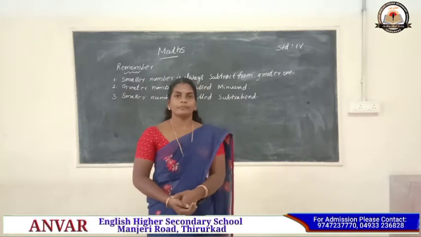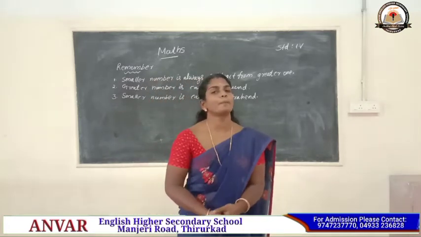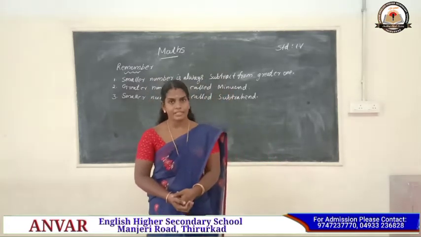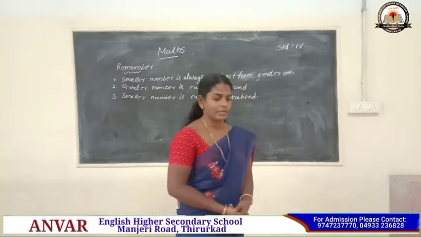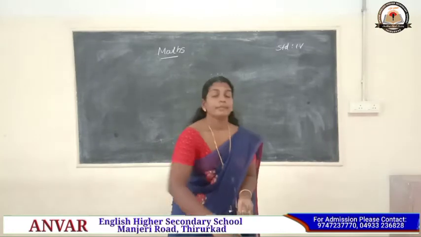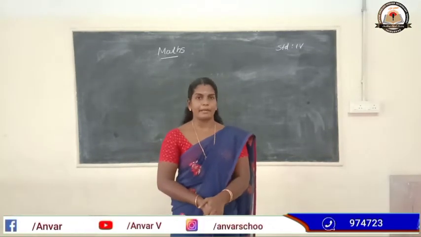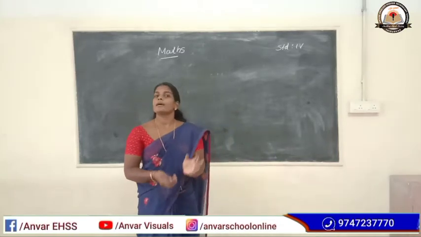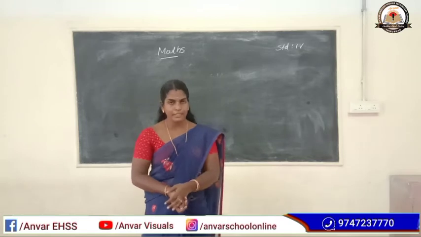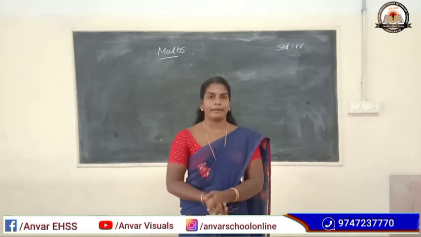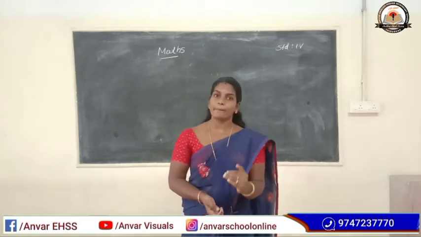After that, we need to find the conditions or properties related to subtraction. There are three important properties related to subtraction. First one is subtracting 0, the second property is subtracting 1, and the third property is subtracting a number from itself.